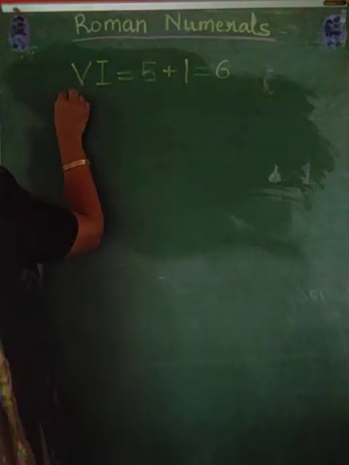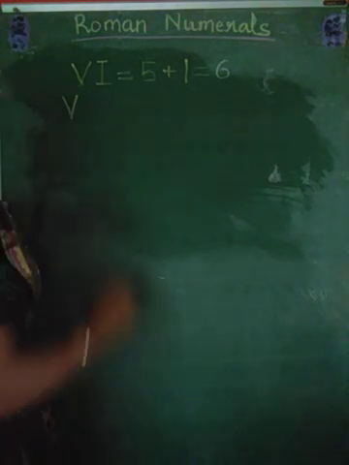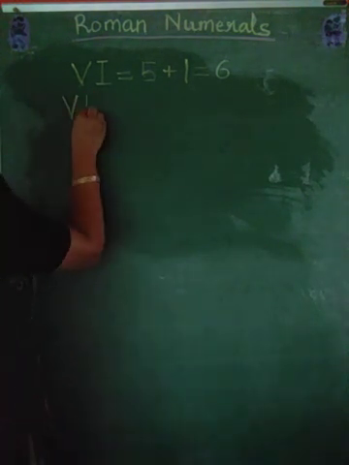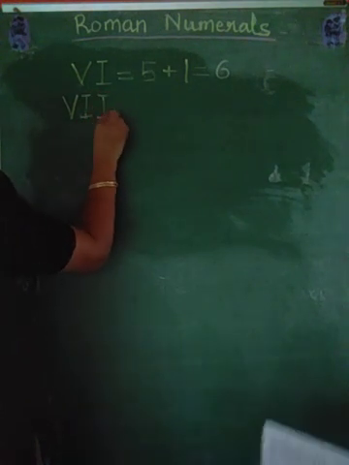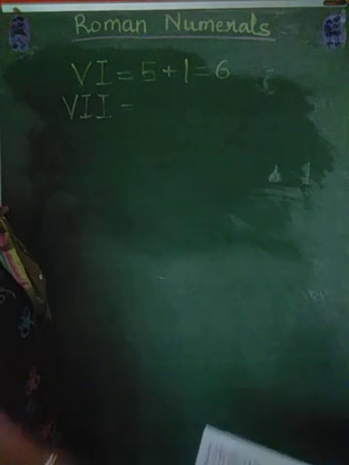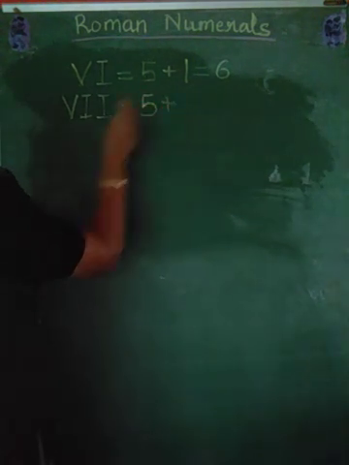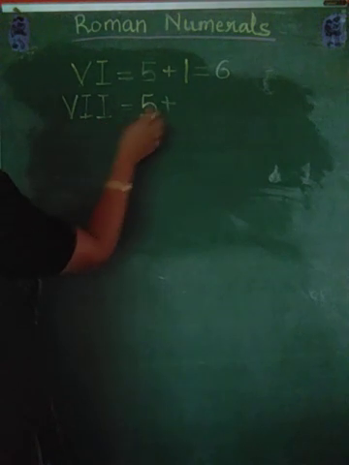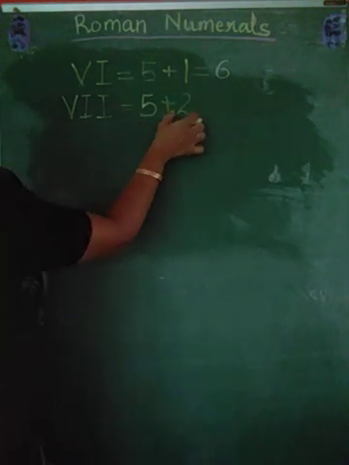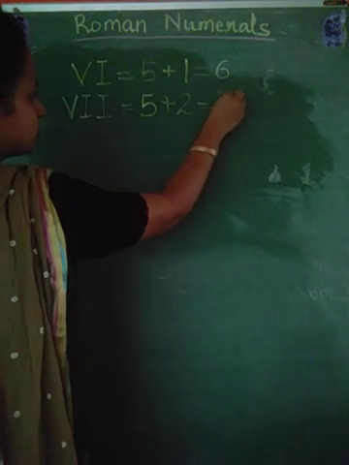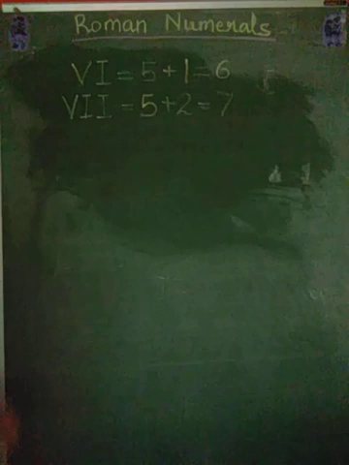And you know that you can write this letter I maximum for 3 times. What will be the value of this? Yes, 5 plus, now you know that double I means 2. So the value will be 5 plus 2 is equal to 7.